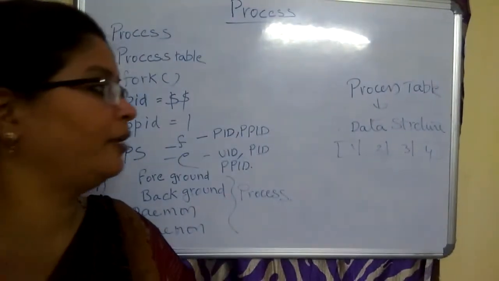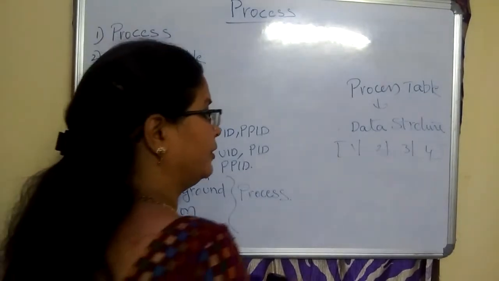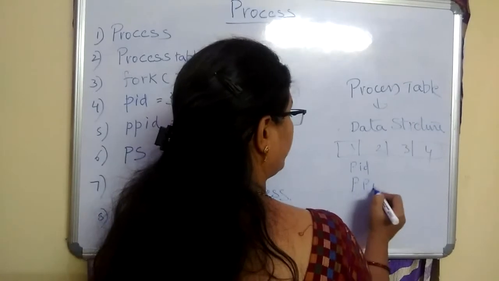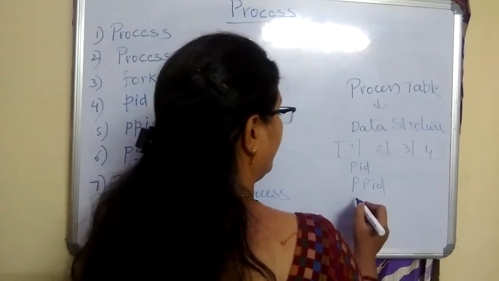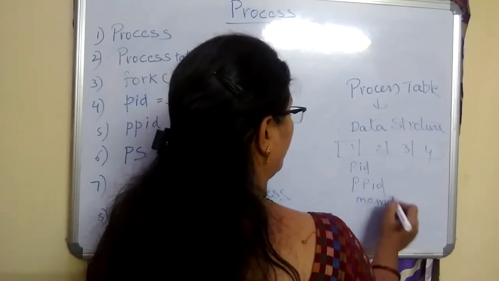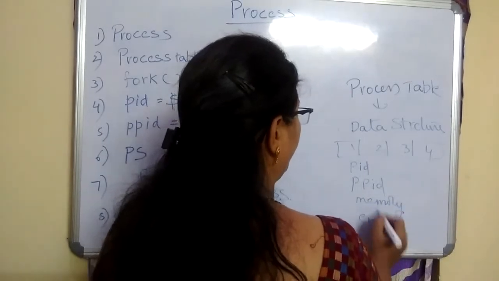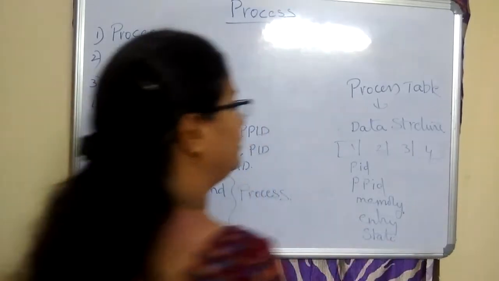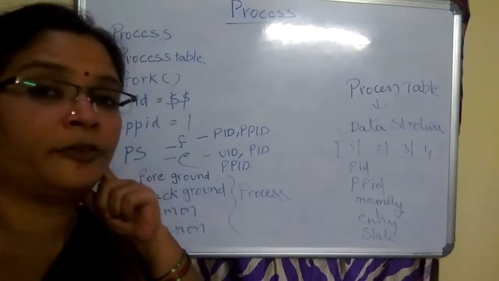It contains the information regarding the process. That means it contains process ID, its parent process ID, its memory used, its entry and its state. All this information is contained in the process table.